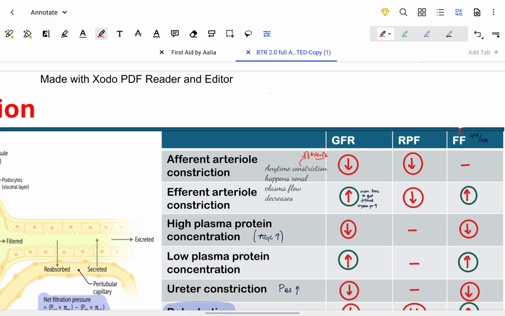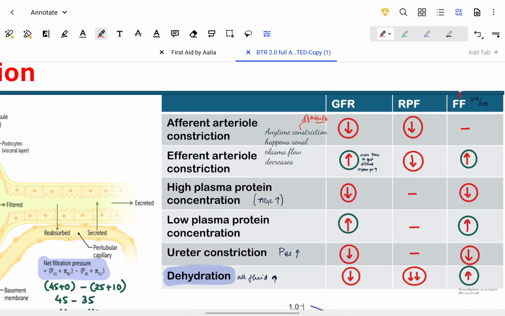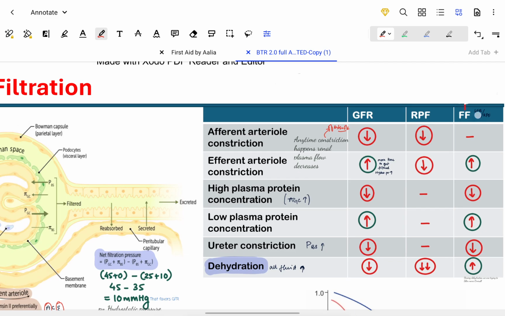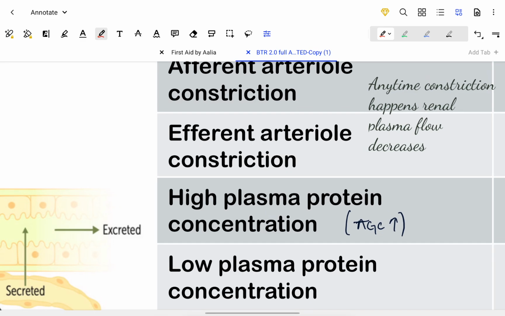Now you have high plasma protein concentration. So what does high plasma protein concentration mean? Oncotic pressure, right? The oncotic pressure was actually telling about the proteins. And in the glomerular capillary it is increased. You need to understand rather than straight away going to the pi-GC part, the oncotic pressure part. Plasma means blood, isn't it? So in blood, you have more solute. So anytime there is more solute, you don't want to throw away water because it will become even more concentrated.